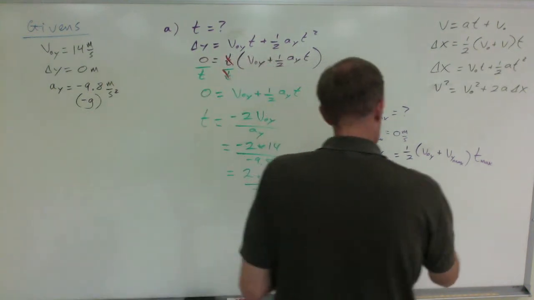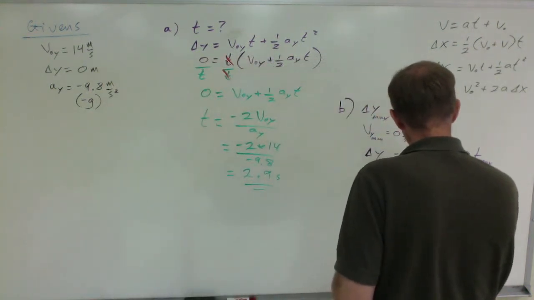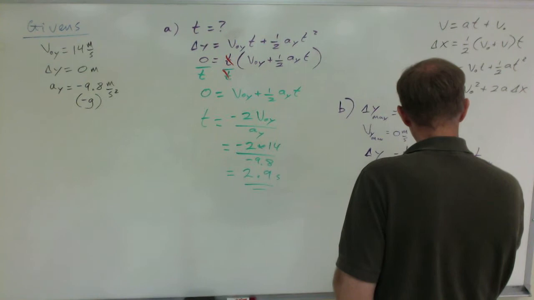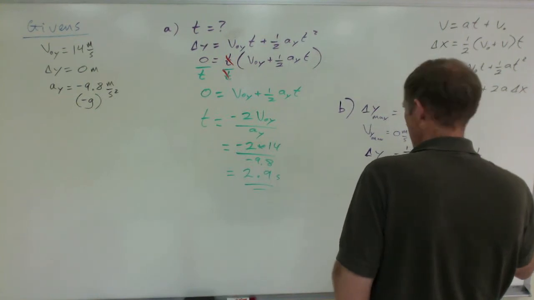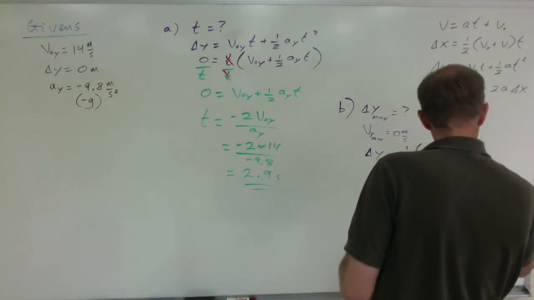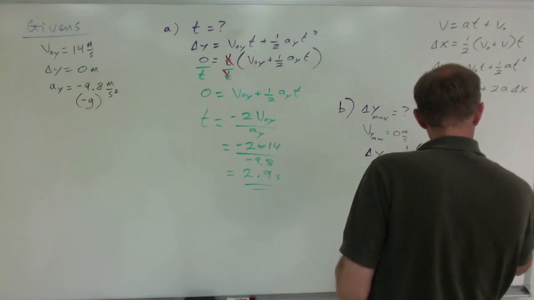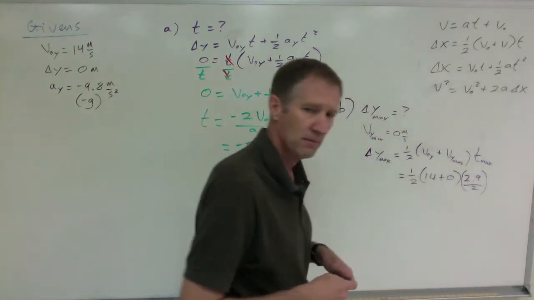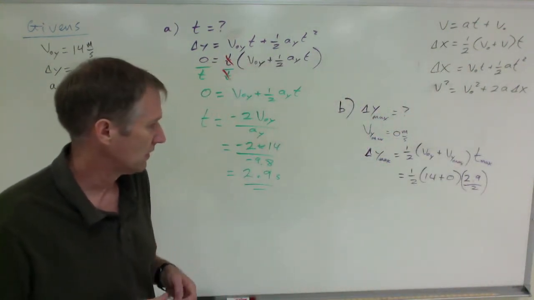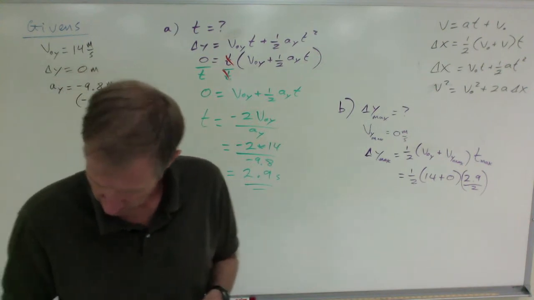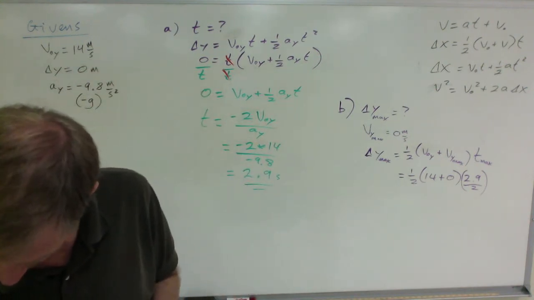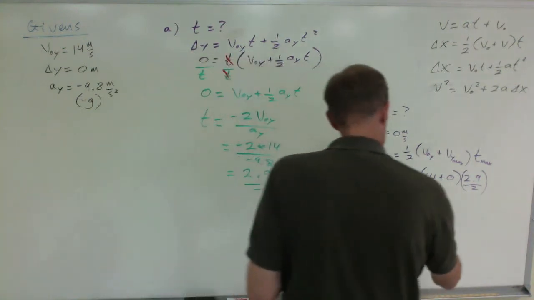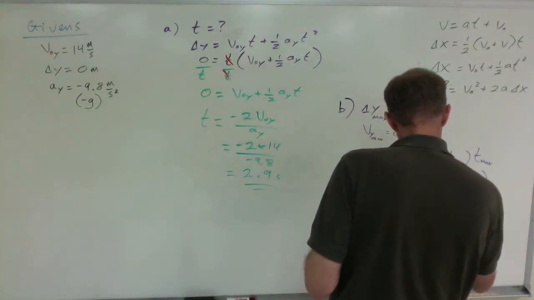So that's 1/2 times 14 plus 0 times 2.9 all over 2, right? Because I'm using half of the time. Half the time it took to get up there. And that should come out to be 10 meters.